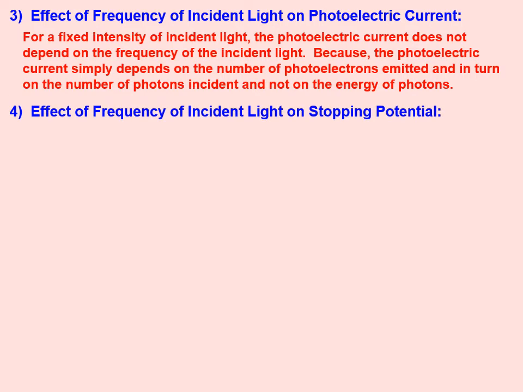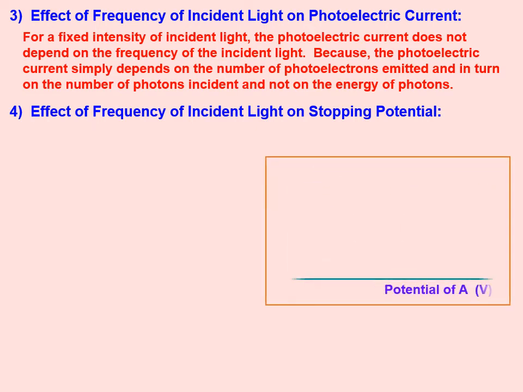Now the effect of frequency of incident light on stopping potential. For this we have to again make a plot between potential of plate A on x-axis and photoelectric current on y-axis. We will get this kind of shape when we make a plot.